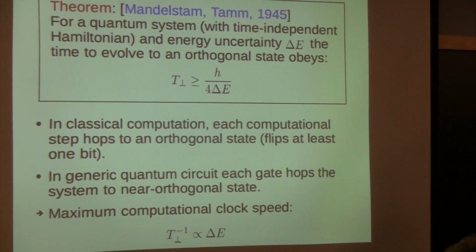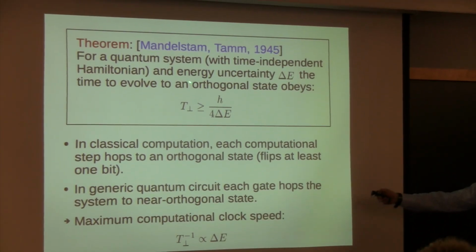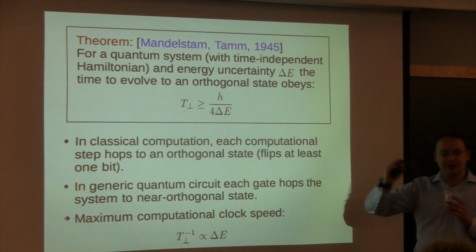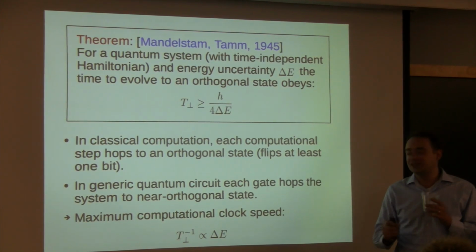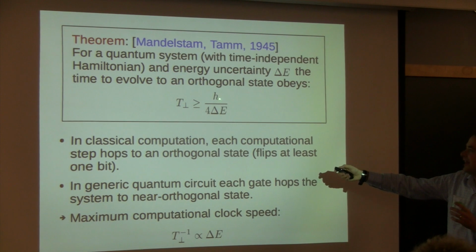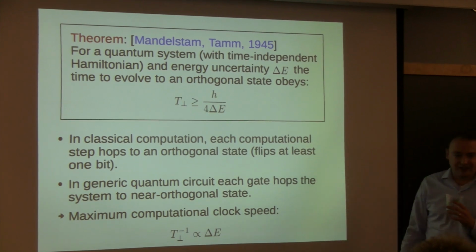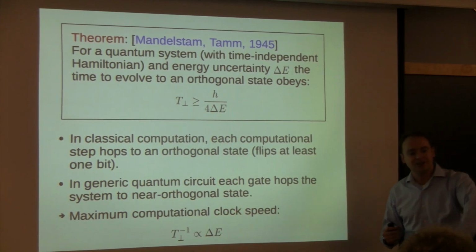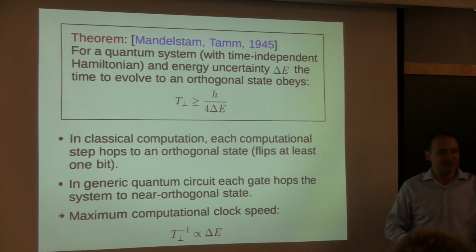And there's kind of a more quantitative version. There's this theorem from Mandelstam and Tamm, which says that to go from a given state to an orthogonal state, the fastest you can do that is given by h over 4 times the uncertainty in energy. So you think, okay, maybe this gives you the shortest time in which you can do a logical operation. Certainly it is the shortest time that you can flip a bit from 1 to 0.